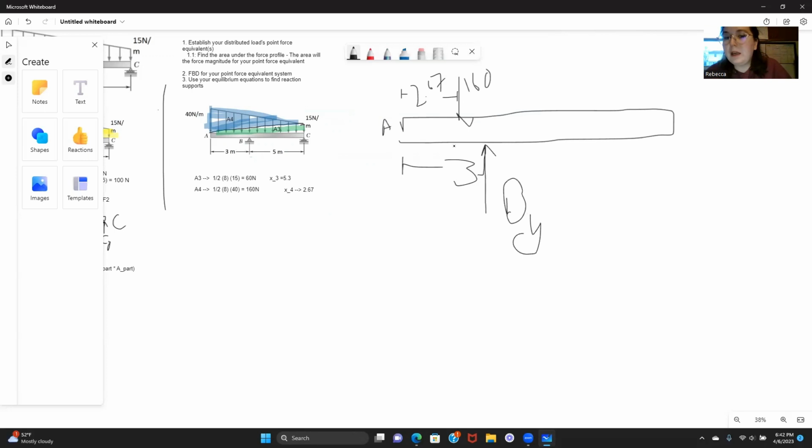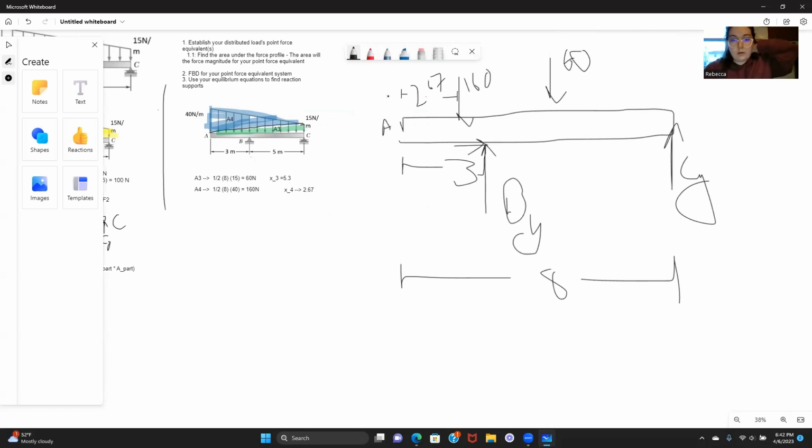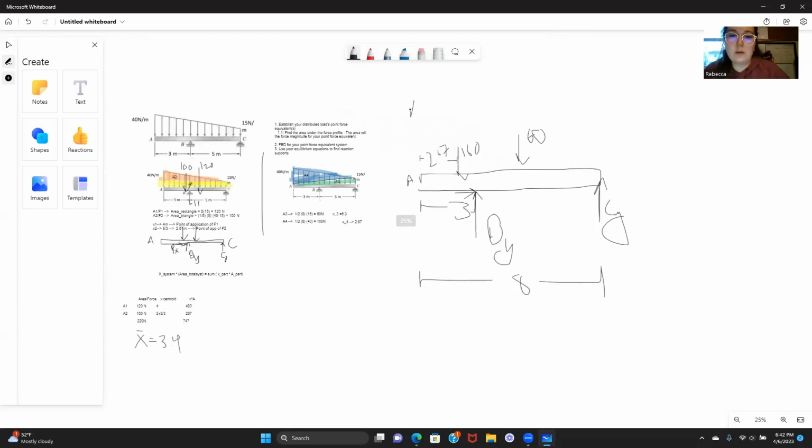There is again going to be a Bx on here, but the summation of forces in the x direction again is going to be equal to 0. We have Cy over here at the complete 8 meter mark. So this whole thing is 8. And the last thing we have is at 5.3. We have this force of 60 newtons. Same thing, let's do this at 5.3.